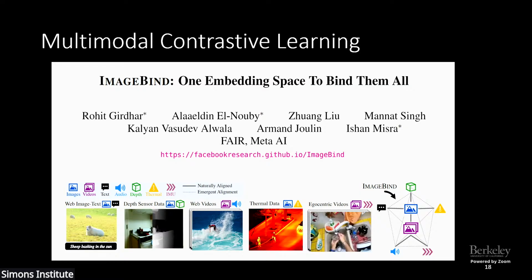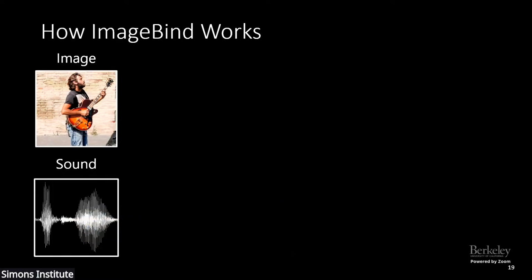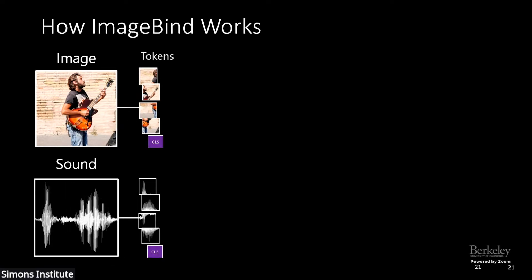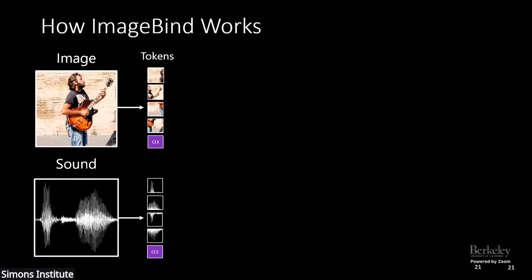And to understand what we found, we'll have to dive into a little bit of the technical details of the architecture here. The way that this kind of model works is that you take images and audio, you split them into these little patches called tokens. You then append an extra token called a class token.